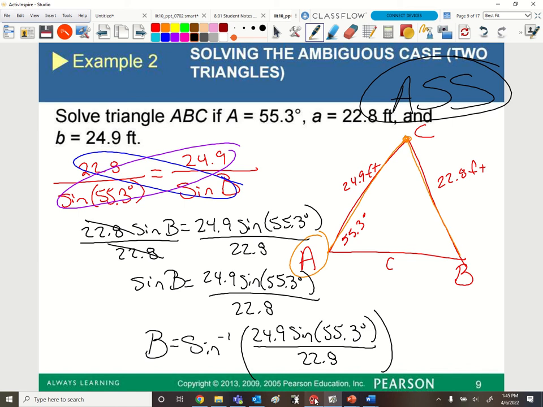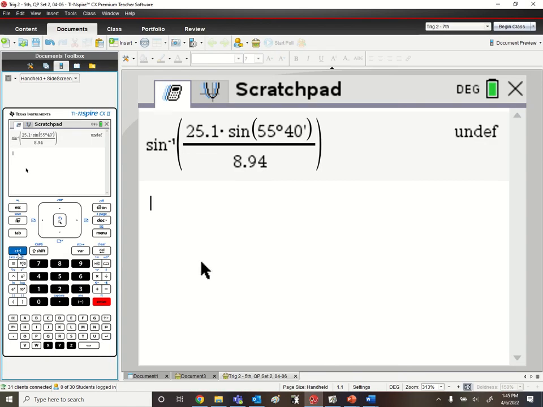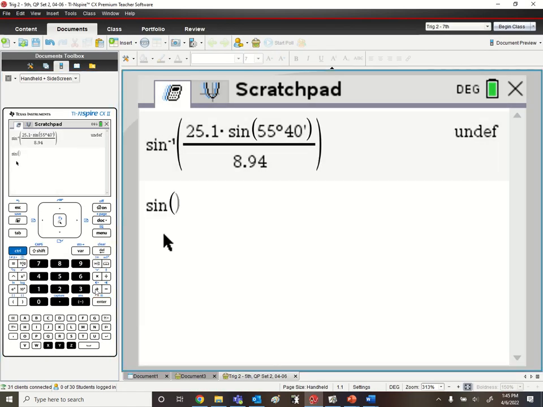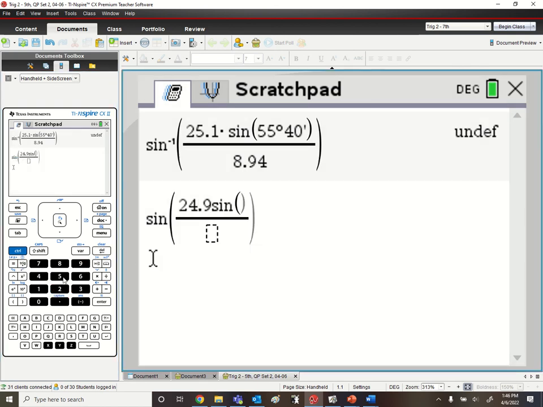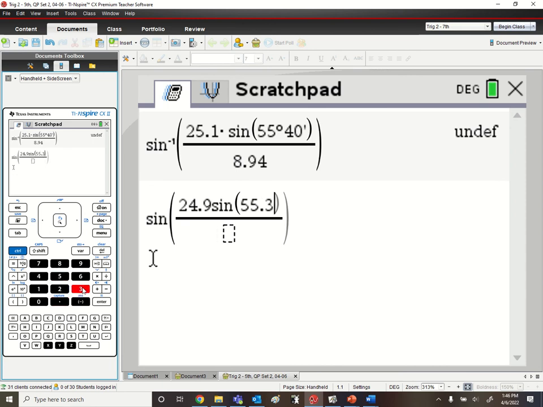Now I'm going to plug into my calculator. What was that first one? 24.9, right? Oh wait, I didn't do my control divide. Sorry. Control divide. There it is. 24.9 sine of 55 point.